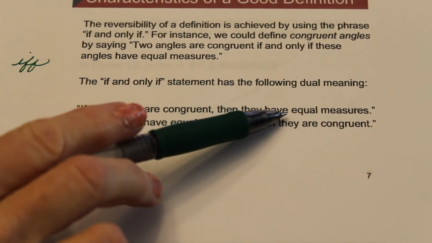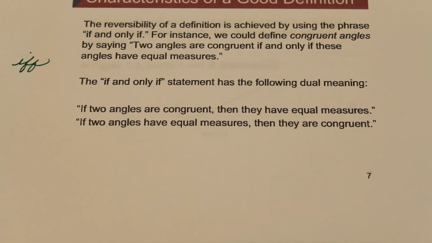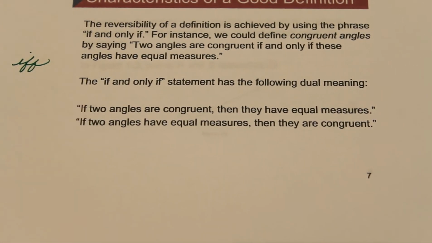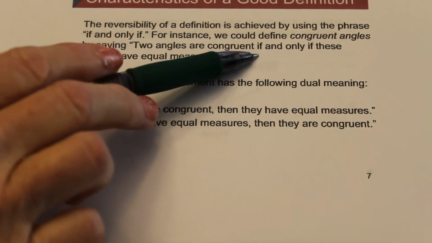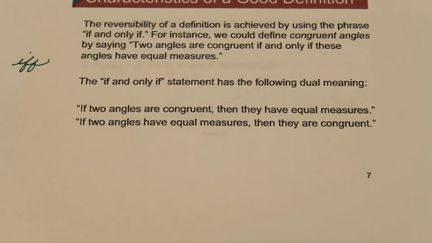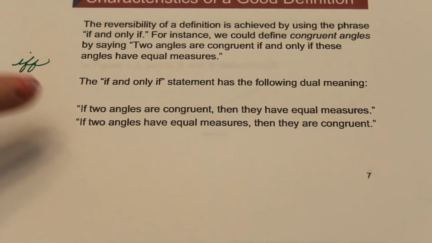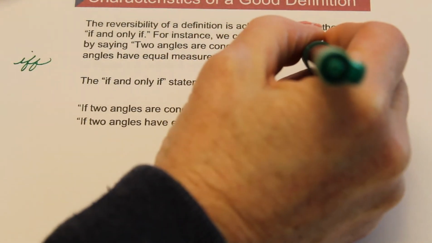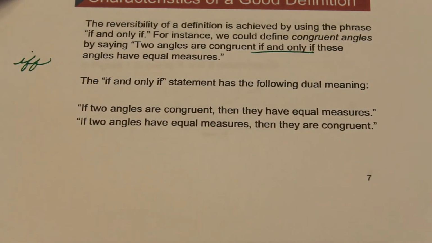If 2 angles have equal measures, then they are congruent. That's a reversible definition, we could say two angles are congruent if and only if they have equal measure. So rather than making it two statements that's reversible, you include the phrase if and only if in the definition.